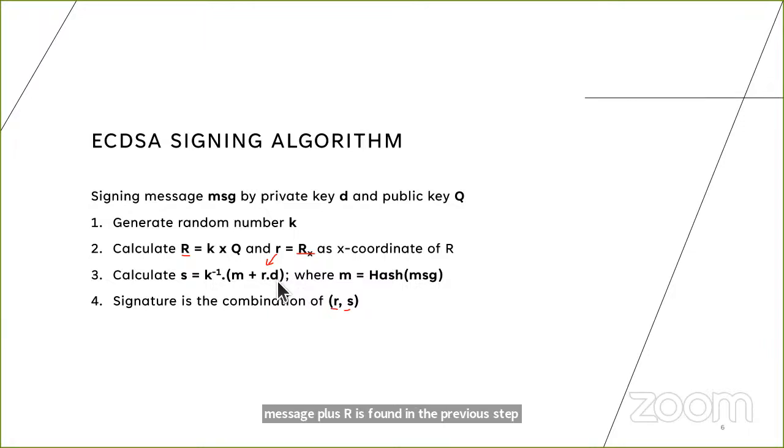So the combination of r and s would be the signature. In fact, the signature consists of 2 scalars, but in most cases you will see it in a serialized form. So what we have seen as a signature is in fact the serialization of r and s.